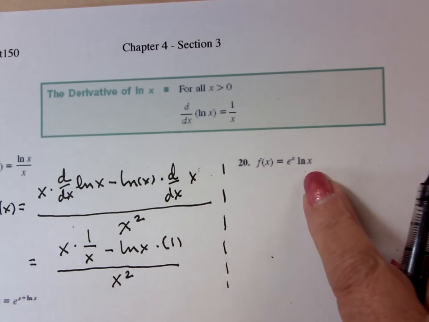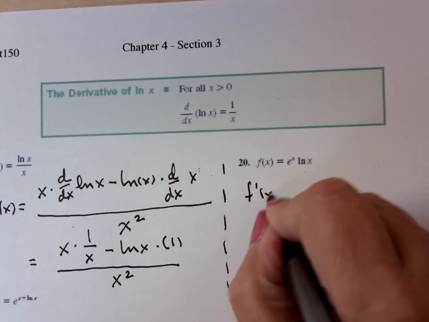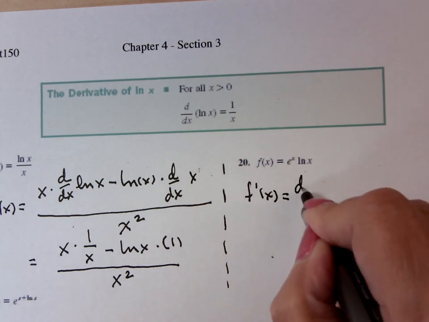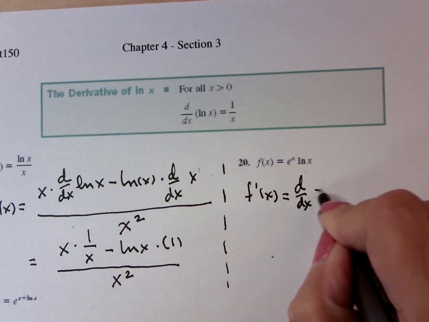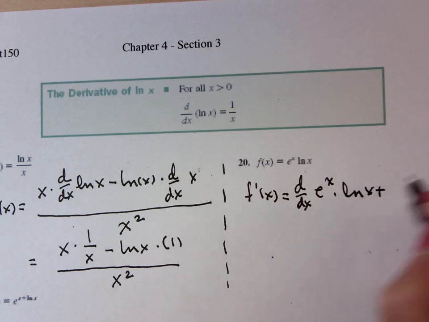What's this guy? Product rule, right? So that f prime of x is the derivative of the first times the second plus the first times the derivative of the second.